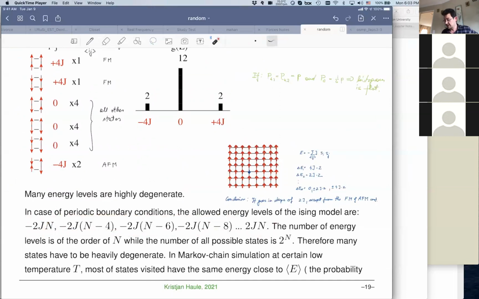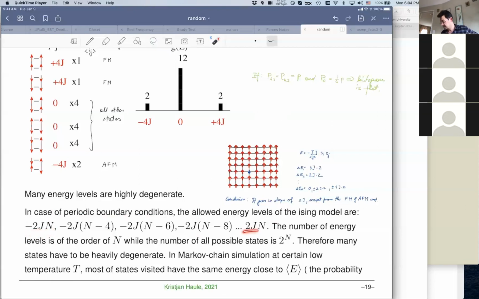Now, how do we check this energy? We said before that each spin has 4 neighbors, so it's 4 times J. Then naively we would say that it's 4 times J times the number of lattice sites, but each link is counted twice, so we need to divide by 2, and we get 2Jn. So this is the antiferromagnetic ground state.